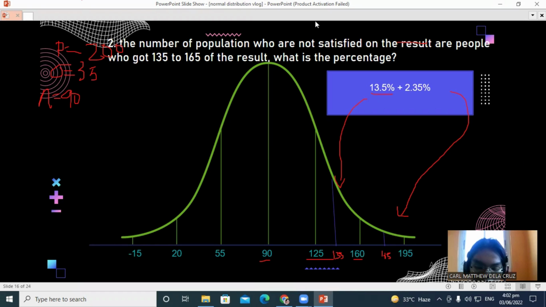So 13.5% plus 2.35% is 15.85%. So that is our answer.